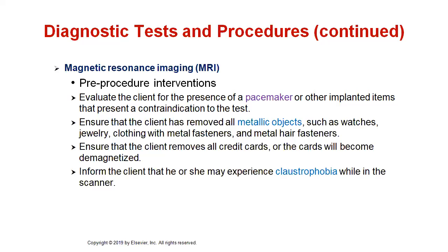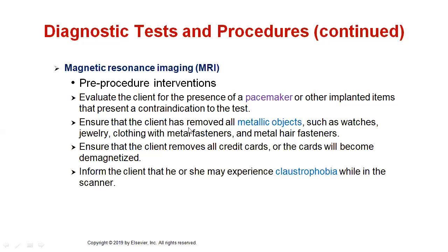Also, here you can see, evaluate the client for the presence of a pacemaker. If the patient has a pacemaker or implants that present a contraindication, they are not allowed to do this test.